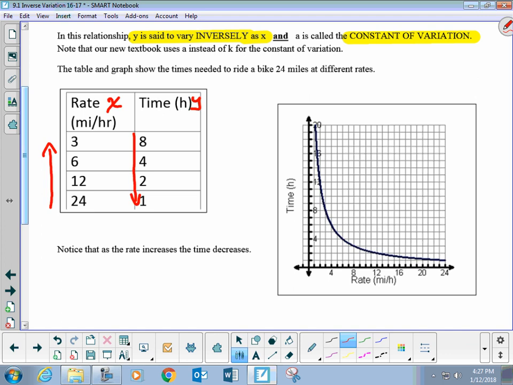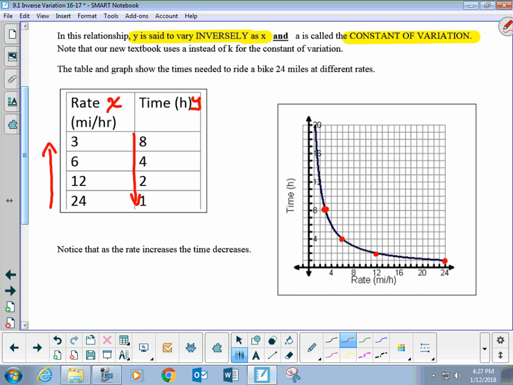Now, let's take a quick look at plotting of these points. I have a graph to the right. If I plot an x-coordinate of 3, I get a y-coordinate of 8. If I plot an x-coordinate of 6 and a y-coordinate of 4, 12 and 2, 1 and 24.